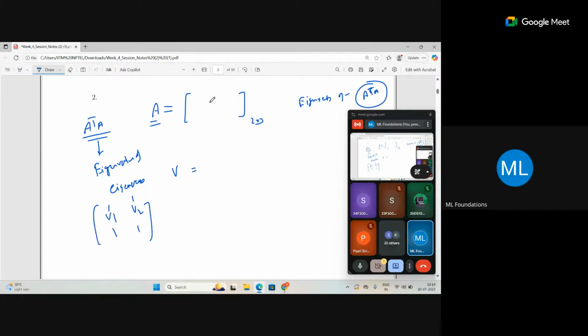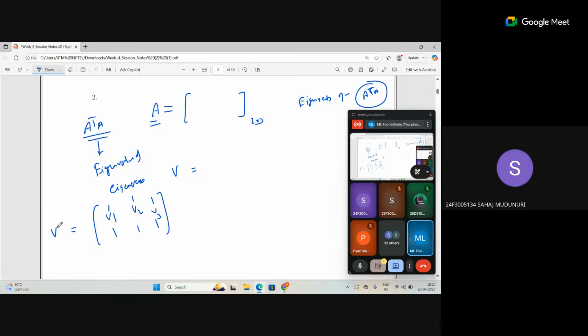If it is a 2 cross 3 matrix, how many eigenvectors will you get? A transpose A will be 3 by 3, so you'll get 3 columns, and those will be your matrix V.